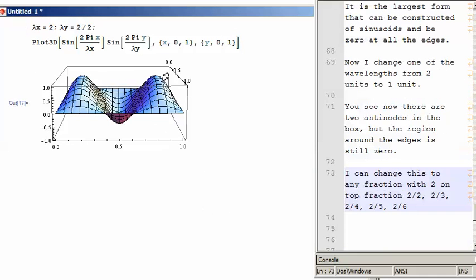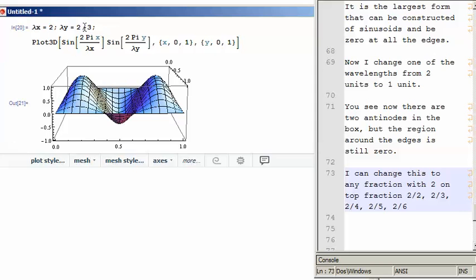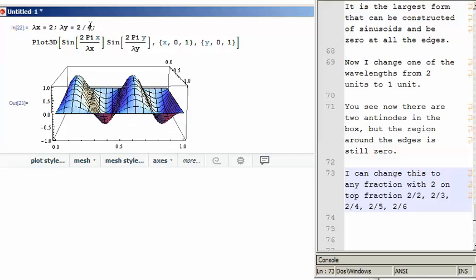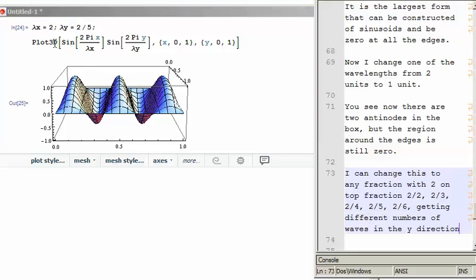Now I can change this to any simple fraction with a 2 on the top. 2 over 2, 2 over 3, 2 over 4, 2 over 5, and I get different numbers of waves in the y direction.